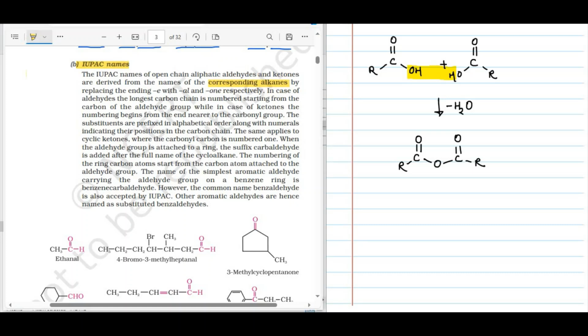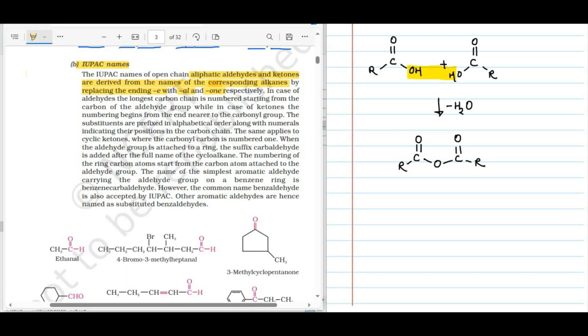Here in the IUPAC name, the name of an aliphatic aldehyde or ketone is derived from the name of the corresponding alkane by replacing the ending "e" with "al" for aldehyde and "one" for ketone respectively.